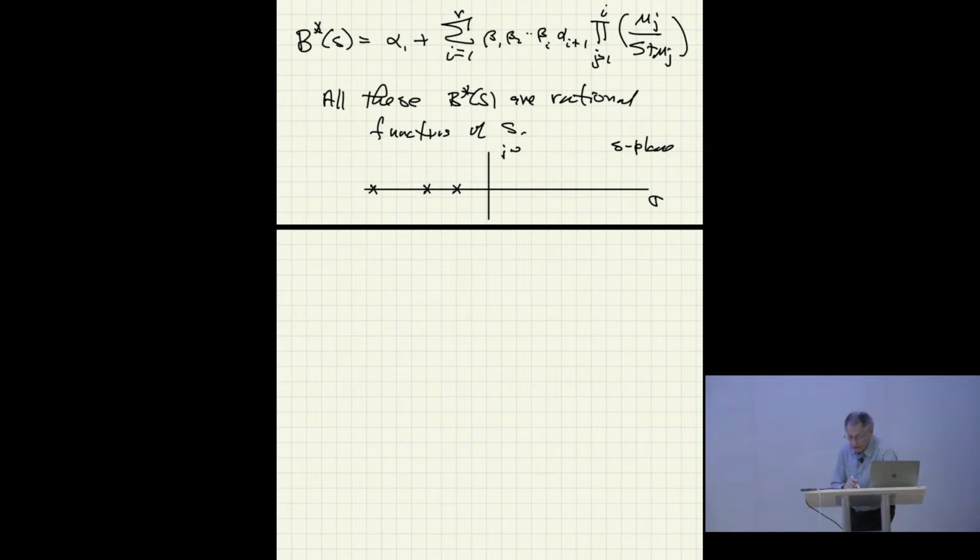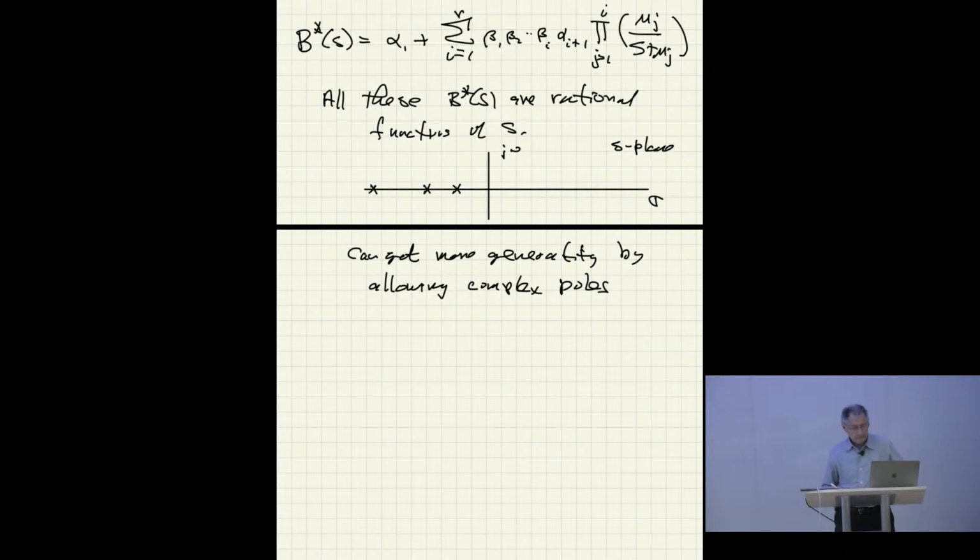But in fact, you can get generality by allowing some complex poles. It's not physically real, but you could write a B star down for that. You can get more generality by allowing complex poles. Conjugate pairs, by the way, complex pairs. So you could, in fact, get poles like that.